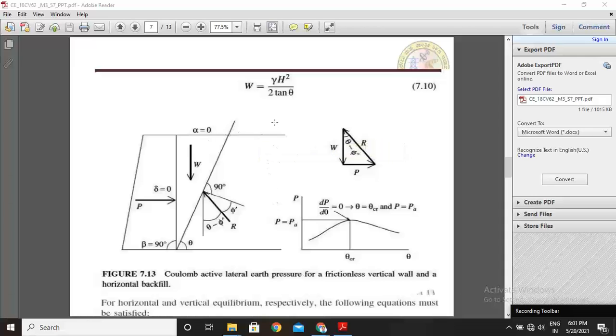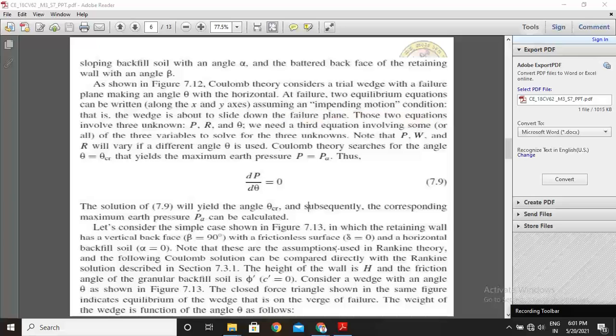Here W is the self weight of the backfill acting downward, and here delta is 0, then P acts horizontally, and R is the force acting at an angle phi dash, with respect to the normal, that is theta minus phi dash. Okay, so this is the wedge concept, and here we are calculating W equal to gamma h square by 2 times tan theta.